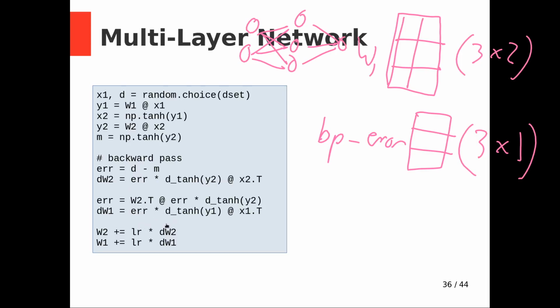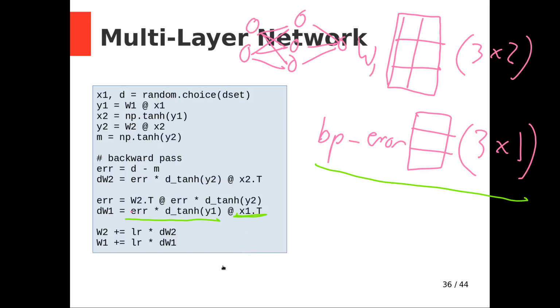I apologize. So our BP error is a 3 by 1. Our W1 is a 3 by 2. So what does our update rule get us? Well, we know what dimension this is, right? That's this 3 by 1 thing, right?